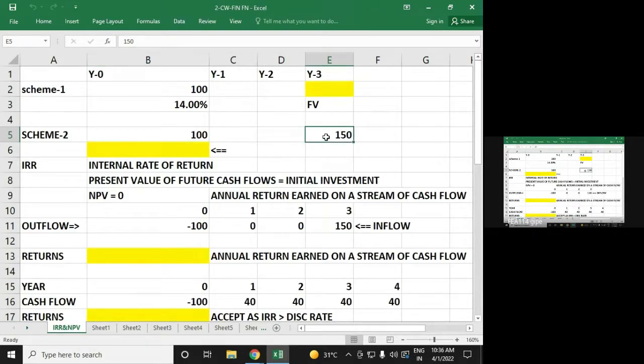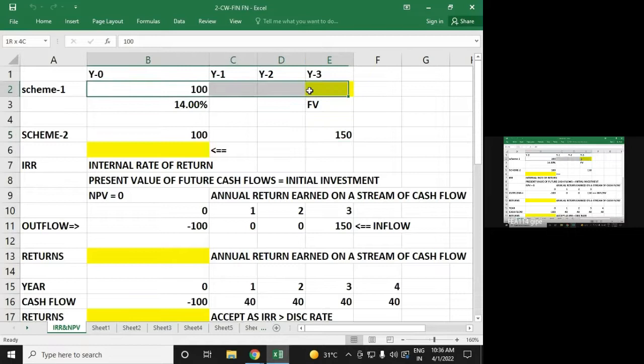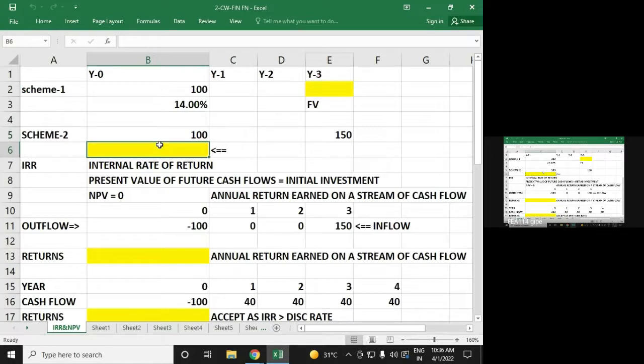Which is better? The problem is the data is not comparable. Either you should know how much money there will be in the third year in the first scheme, or the annual return in the second scheme, because scheme 1 is talking about annual return. How to find the future value we will see next time.